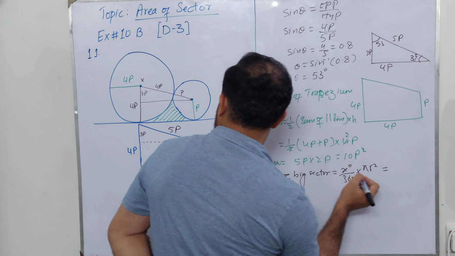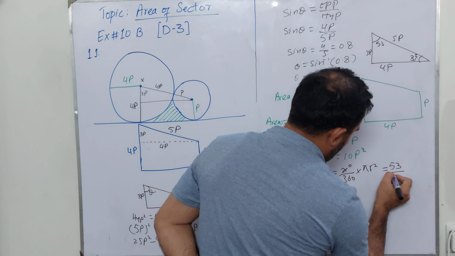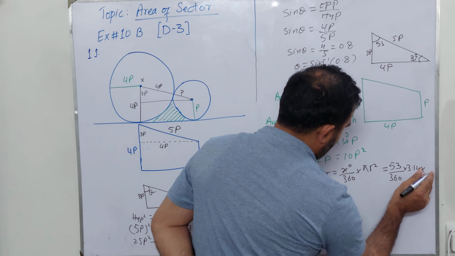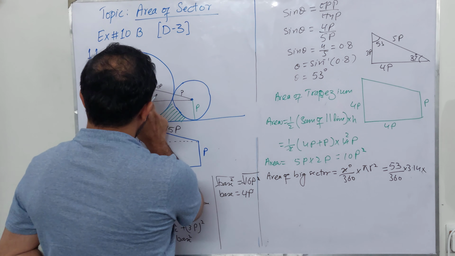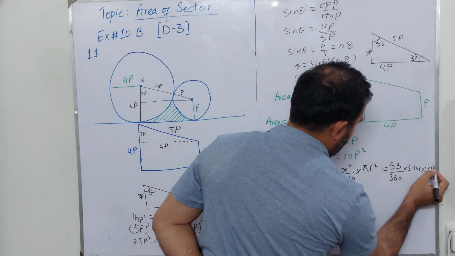So this angle is 53, divided by 360, into 3.14, into r, the radius of this big circle, which is 4p, right?